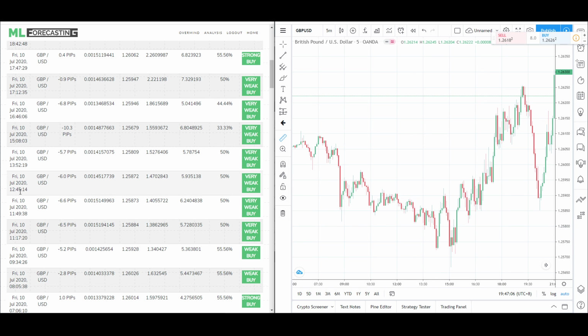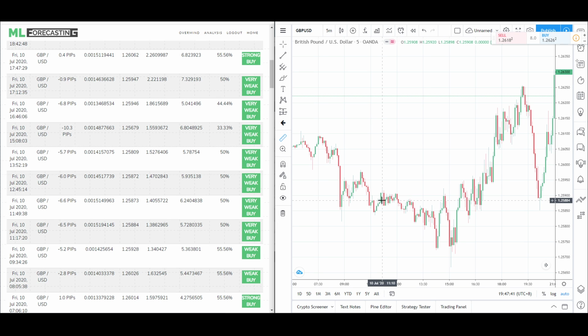Right, next one, this will definitely be a loss, 12.45. Yeah, I'm not even going to look at that, so that's a very weak loss. And then we had 11.49, which will be another very weak loss. 11.17. Oh no, we had a good few here.